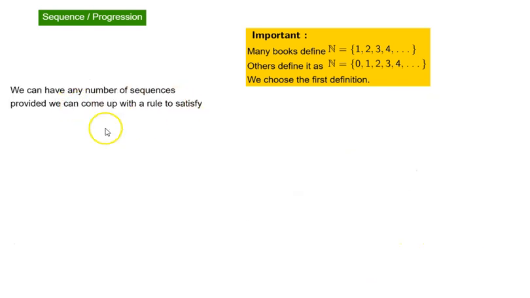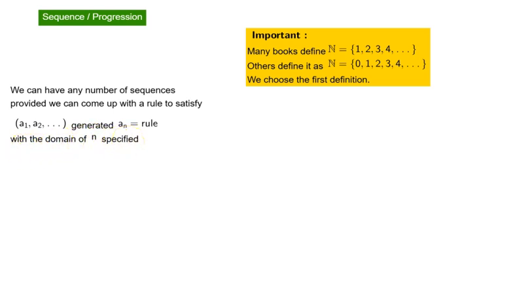Now, we can have any number of sequences provided we can come up with a rule to satisfy. So, in general, it's written like this: a1, a2, dot, dot, dot, generated by a rule which says that the nth term is equal to the rule, with the domain of n specified.